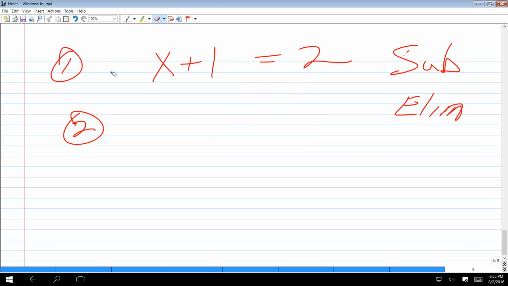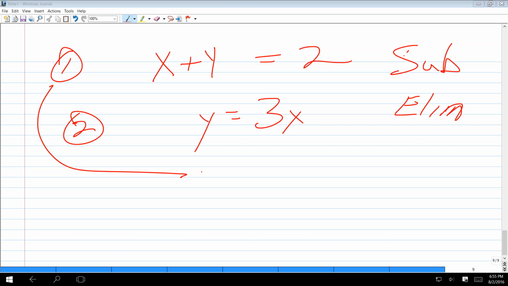What if my other equation was y equals 3x? Then x would equal... Well, let's substitute. In other words, let's go down here and write x plus, instead of y, we're going to write 3x, right?